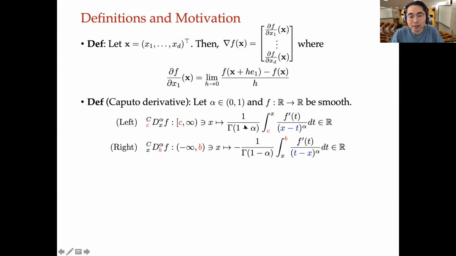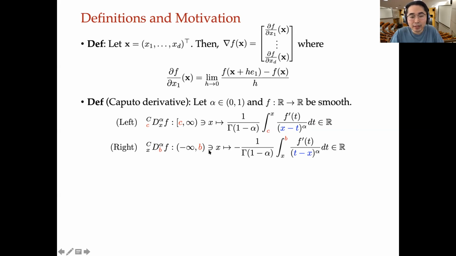And gamma is just the standard gamma function. We have x minus t, making sure that this quantity is always positive because we have exponent alpha, unless you want to get a complex number. The right definition is defined in a similar manner, but x now belongs to the region smaller than b.